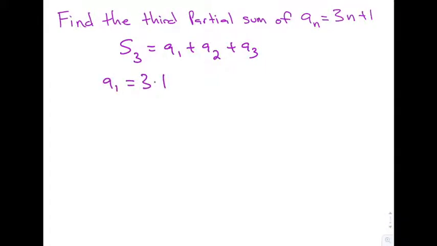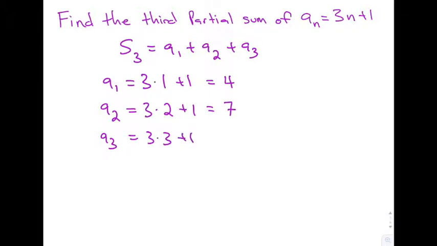First, let's find A sub 1. That's 3 times 1, where n is 1, plus 1 equals 3 plus 1 equals 4. A sub 2 equals 3 times 2 plus 1, which is 6 plus 1 equals 7. And A sub 3 is 3 times 3 plus 1, which is 9 plus 1 equals 10.